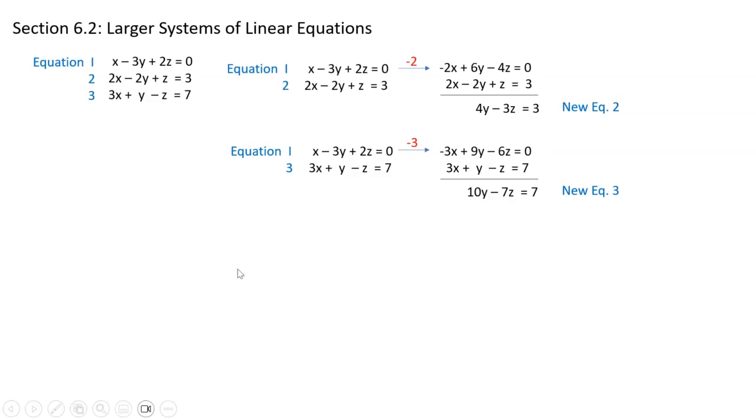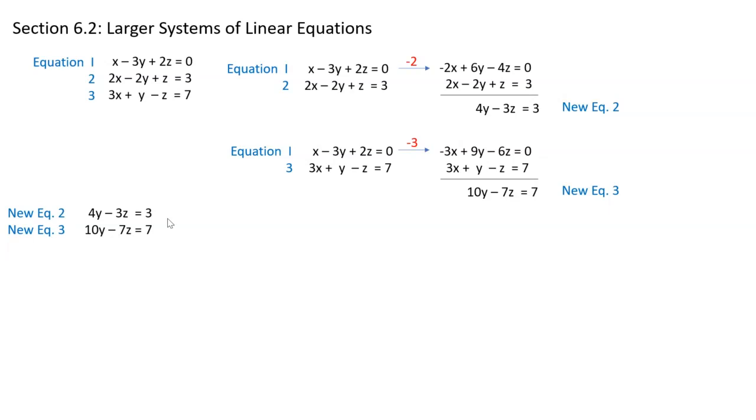Now, the next step in the plan is I'm going to get the new equation 2 and the new equation 3, and I'm going to eliminate the y's. Now here, most instructors and also the textbook will say, what's the least common multiple between 10 and 4? The answer is 20, right? But to me, guys, I don't want you to do too many steps.